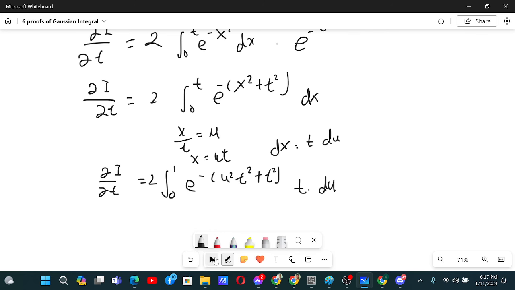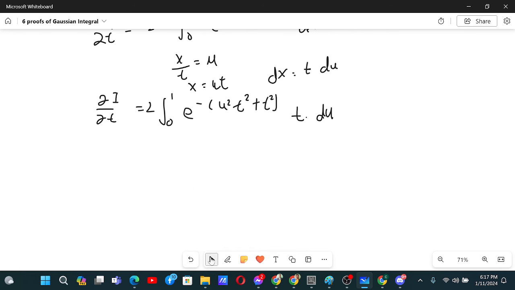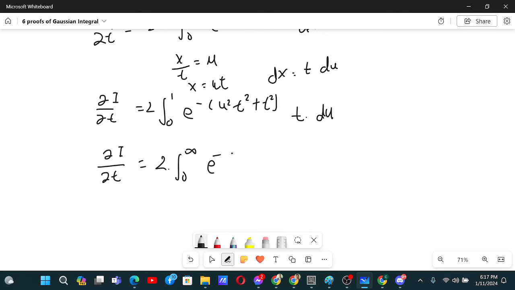After this, we will have dI by dt equals 2 times the integral from 0 to 1 of e to the power minus t squared (u squared plus 1), and then, did I forget something here? No, I did not. Now for this we have t.